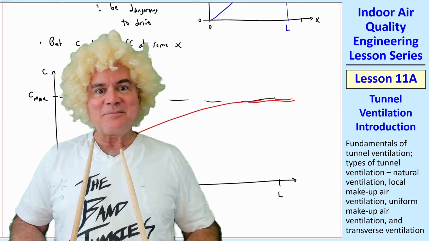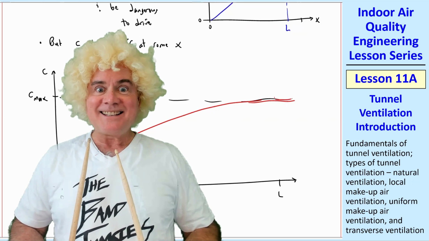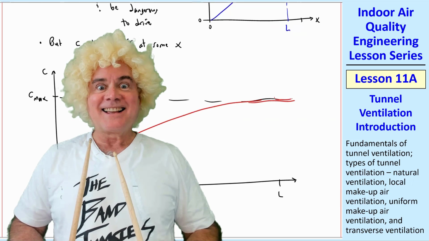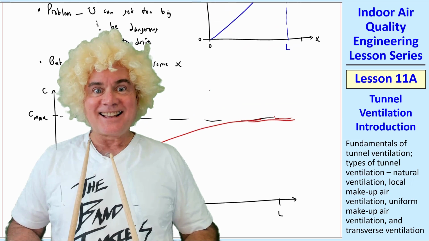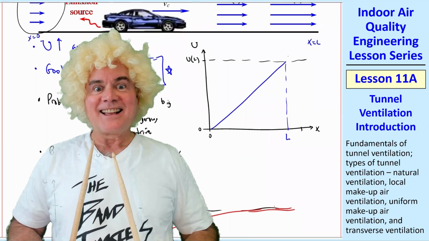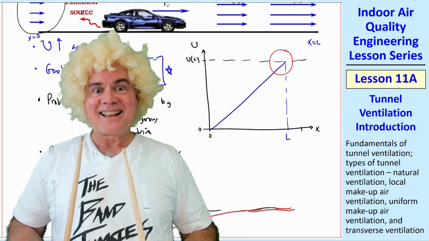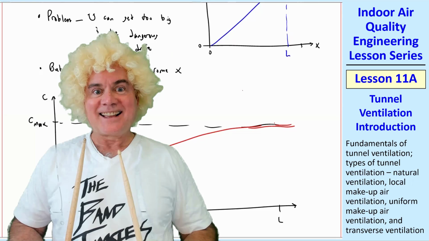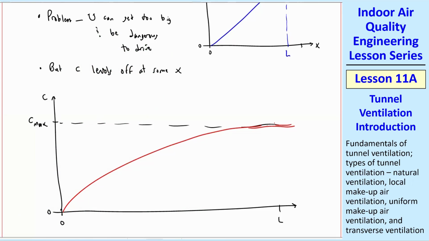Then the tunnel can be as long as we want, right? Yes, for as far as C is concerned, OSHA would be happy about the contaminant. But the problem is the U, if the U gets too big, then you're in trouble because you'll have accidents. But C does level off at some maximum. And then hopefully the PEL is above that so that this would satisfy OSHA.